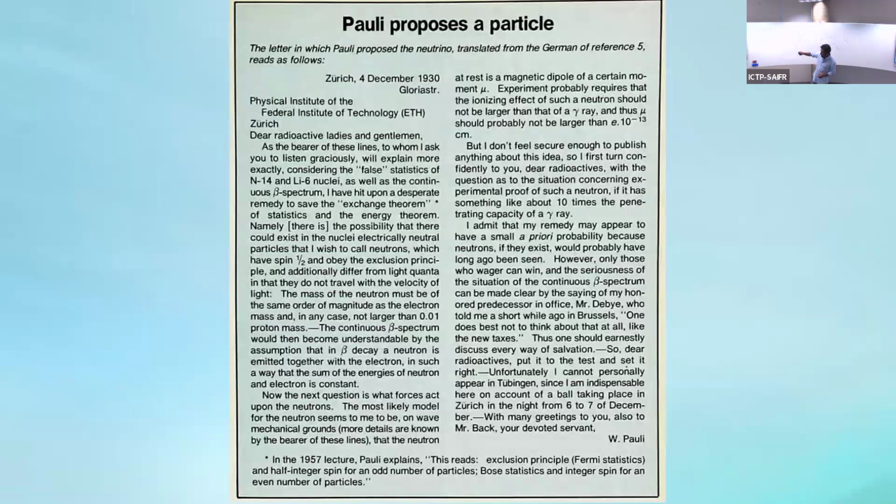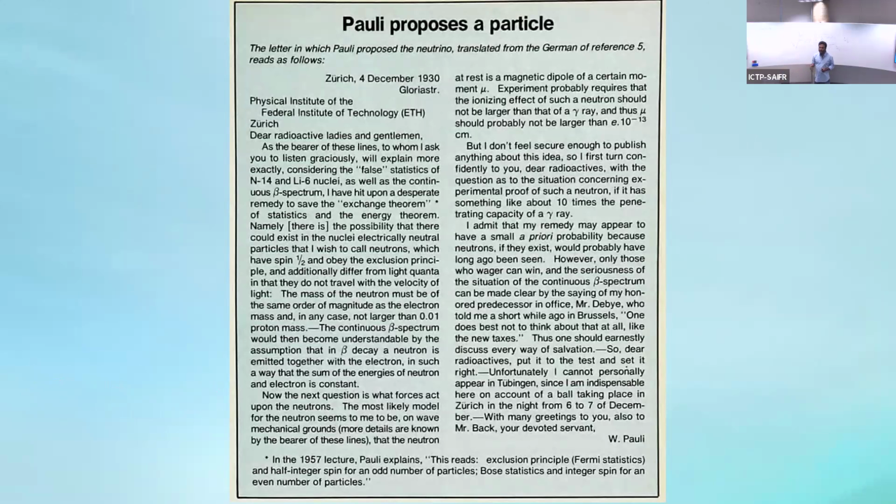And this is the English version of the letter. As you can see, somewhere he hesitates, writing, "I do not feel secure enough to publish anything about this idea. So I first turn confidently to you, dear radioactives, with the question as to the situation concerning experimental proof of such a neutron." Neutron is not the neutron; rather, here he is mentioning the neutrino.